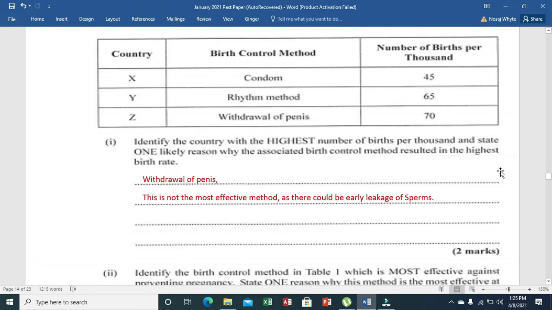So withdrawal, of course, had the highest birth rate with 70, and this is not the most effective method, as there could be early leakage of the sperm, which could result in pregnancy. Hence withdrawal is our answer there for part I.